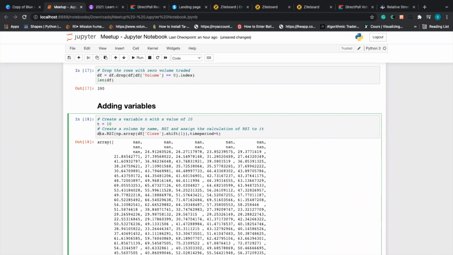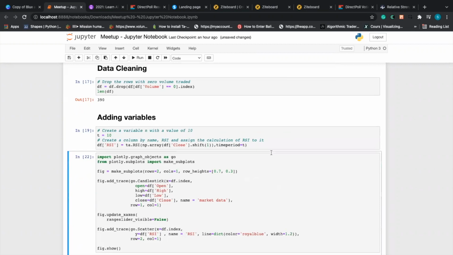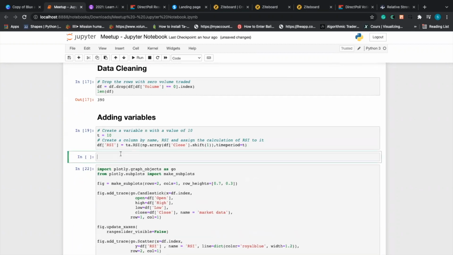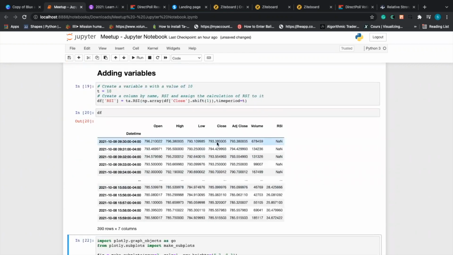We store that in a column called RSI, and now we have our new column. If we print our data frame, we have our RSI.